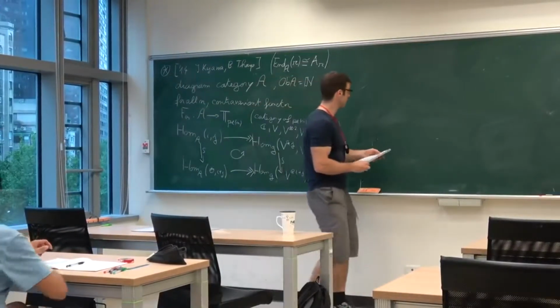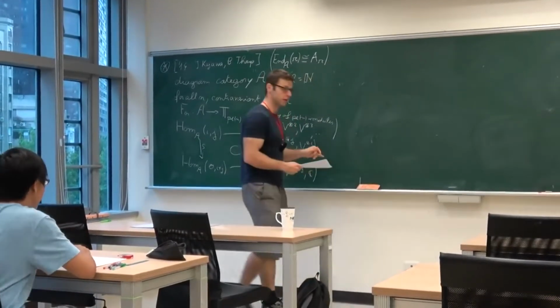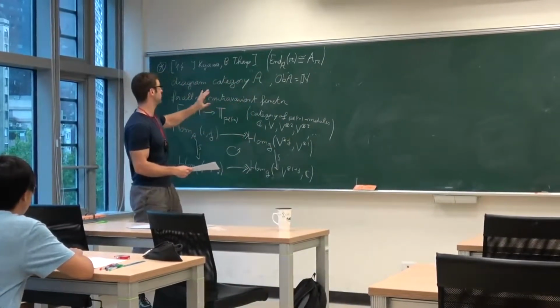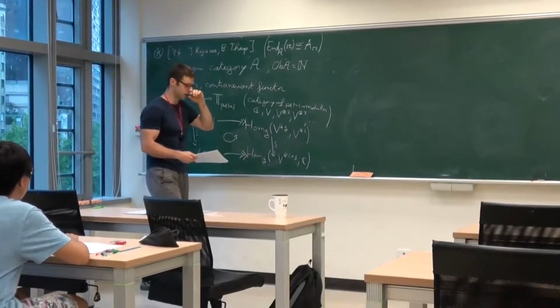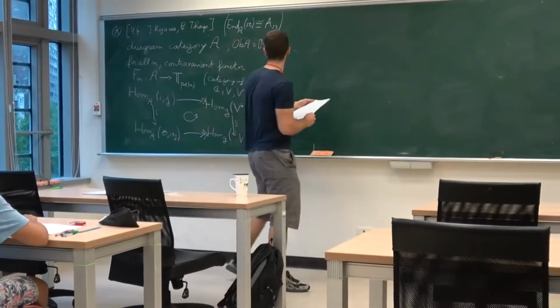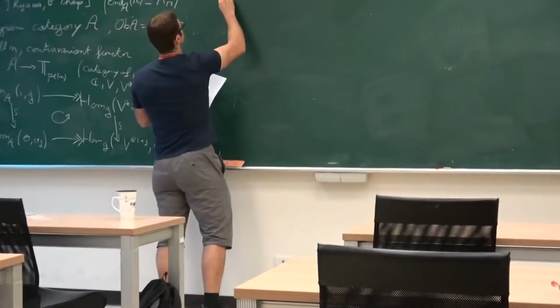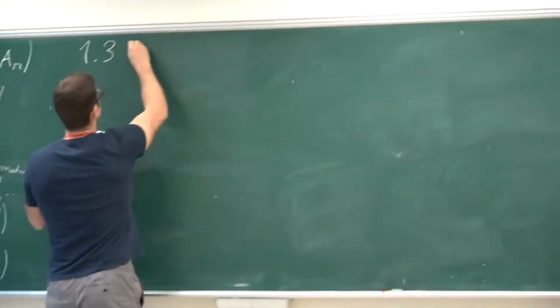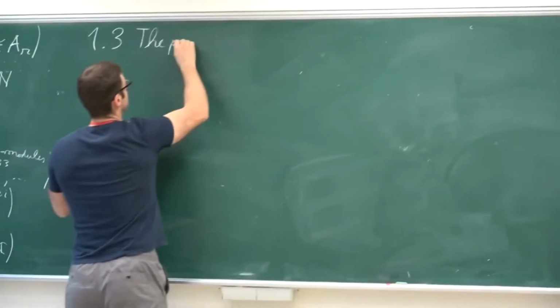Okay. So now I want to be more explicit about what this category is that was introduced by Kujawa and Tharp. So that's the next section: the paraplectic Brauer category.